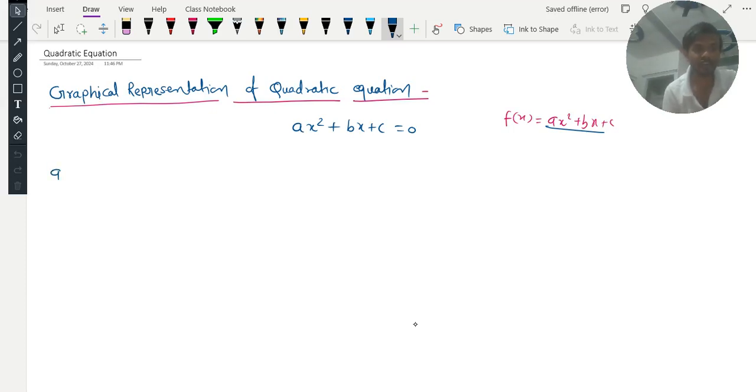If the leading coefficient is greater than 0, or if the leading coefficient is less than 0. When the leading coefficient is greater than 0, then this parabola will open upward.